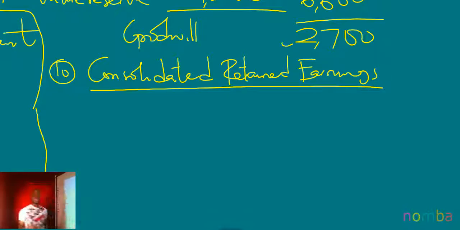The consolidated retained earnings is usually the retained earnings of the parent company and our share in the post-acquisition retained earnings of the subsidiary. Okay, that's the consolidated retained earnings.